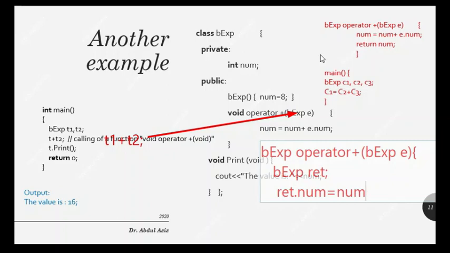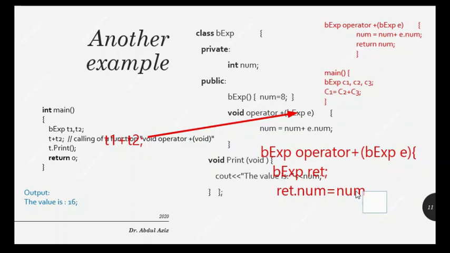And what is this num? This num is c2, this one c2, plus e dot num, and then I'm going to return ret from my function, and this will be over.